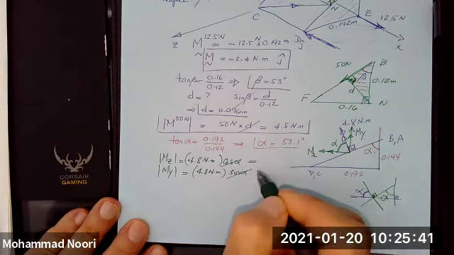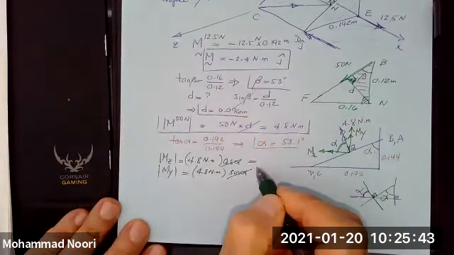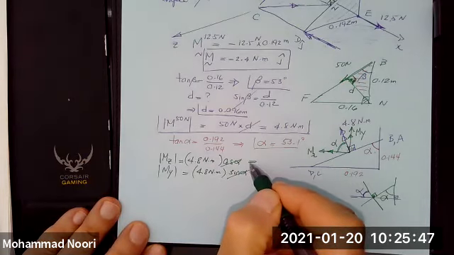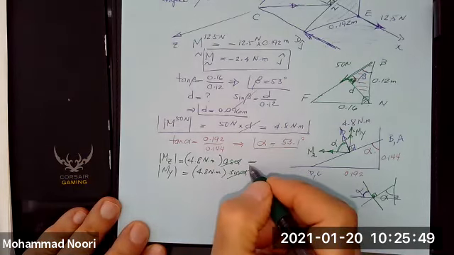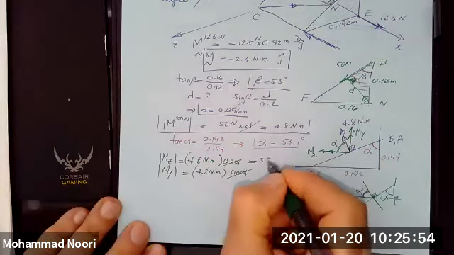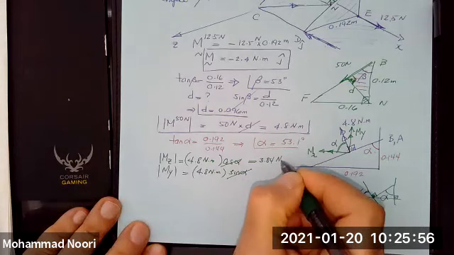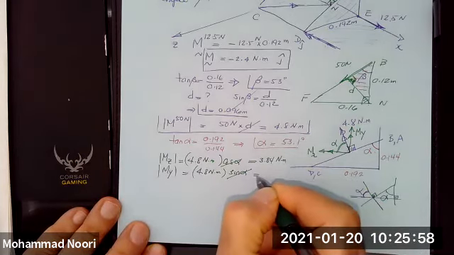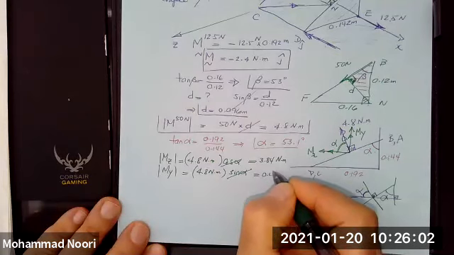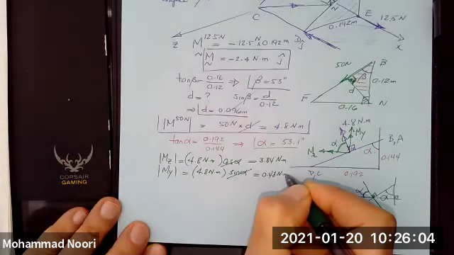So I have alpha. I can calculate these. You get m sub z that comes out to be 3.84 Newton meter, and this one comes out to be 0.48 Newton meter.